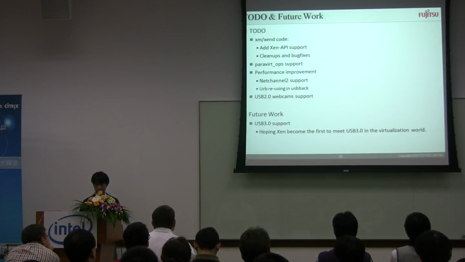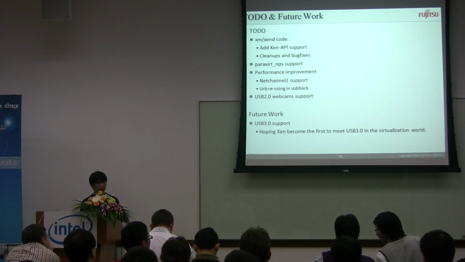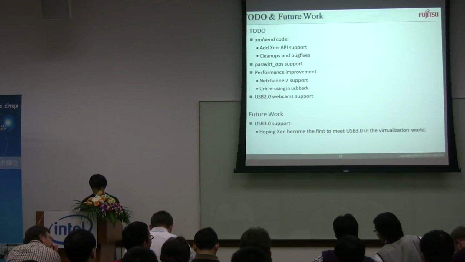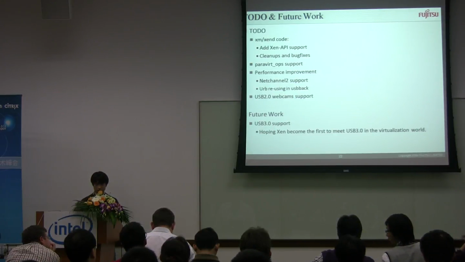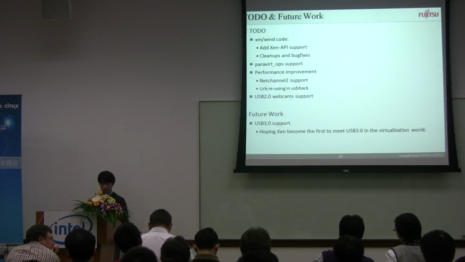About the drivers, I'm now porting the PVUSB to the current kernel and preparing it. And we have to recover the performance by NetChannel 2 and some optimization. And we will support the USB 2.0 webcam. USB 2.0 webcams have not worked yet.